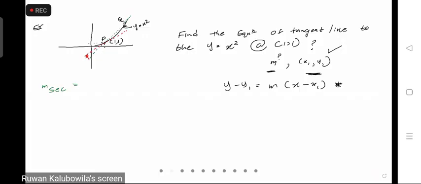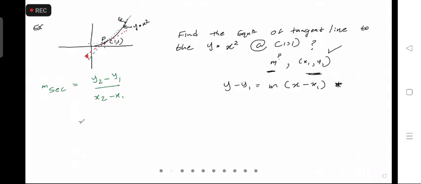How to do it? You know the function y equals x squared. If you know the coordinates of these two points, you know how to do it, because I explained it a while ago: y2 minus y1 over x2 minus x1 gives the gradient of the line.